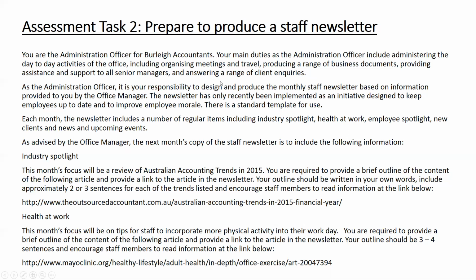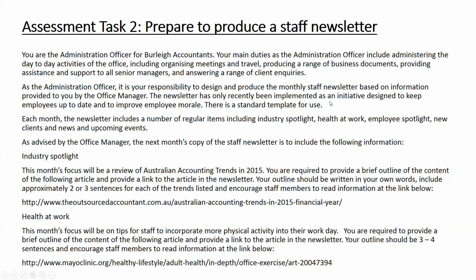Your main duties as the administrative officer include administrating the day-to-day activities of the office. So daily job, they're not giving you any specific task. Just saying that you are doing the day-to-day activities of the office, including organizing meetings and travel. So that includes, for admin people, arranging meetings and travel.